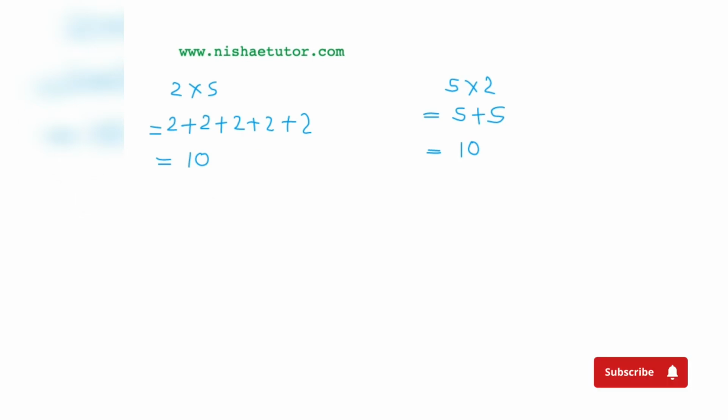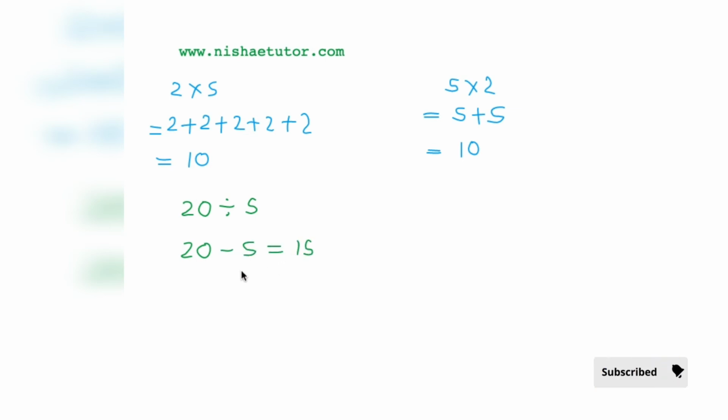For example, you can take 20 divided by 5. So here divided by 5 means keep subtracting 5 from 20. So 20 subtract 5, we get 15.